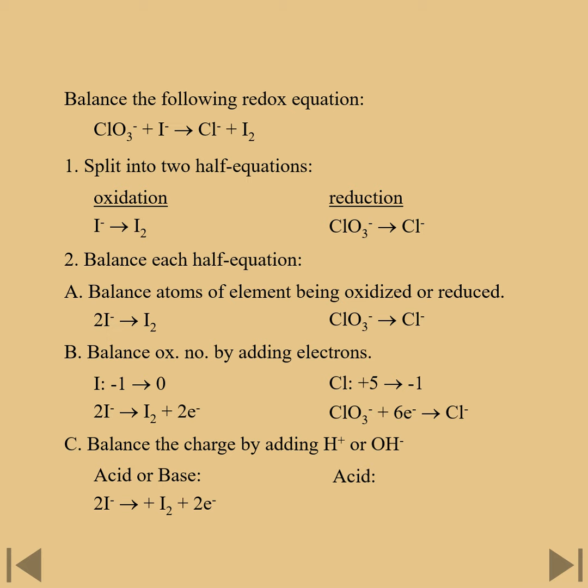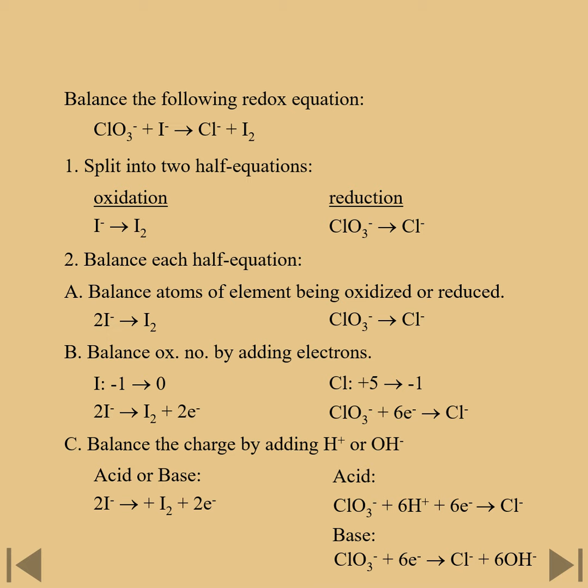If I'm adding positives, as I am in an acid, I'm going to add them to the left. I need to add 6 positives to the left to bring it to -1, to balance the -1 on the right. If I'm adding negatives, hydroxides are negatives, that's what we're adding in a base, I need 6 more negatives on the right, and so 6 hydroxides to the right.